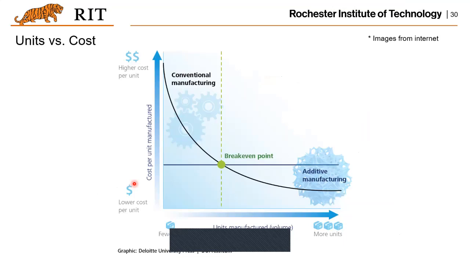Another very interesting thought is the units versus cost. Units means the units of your product. If you look at this figure, traditional manufacturing has a very high cost if you have very few units.